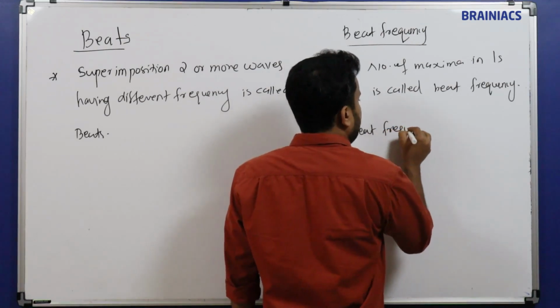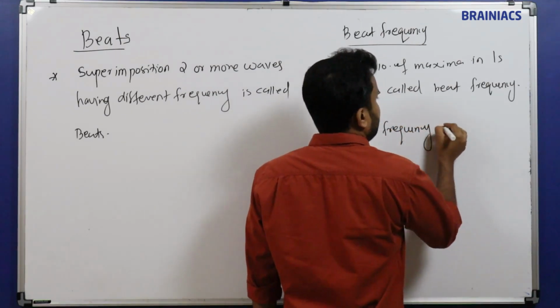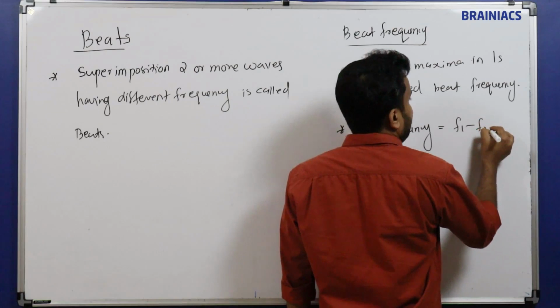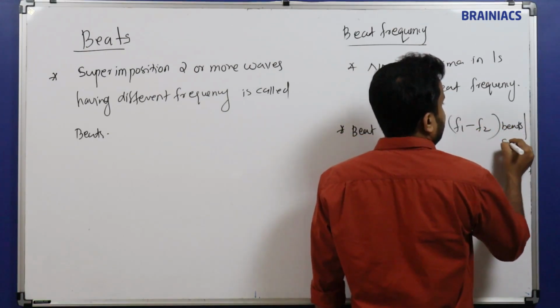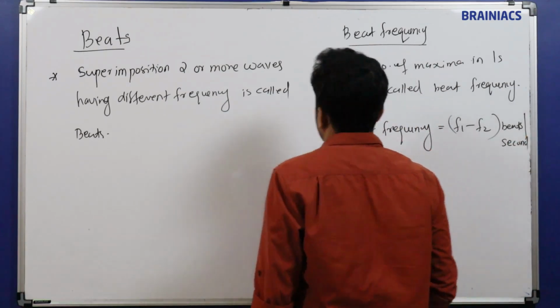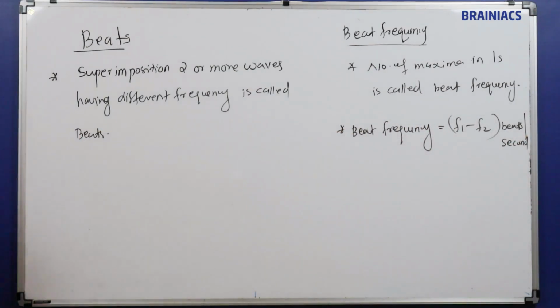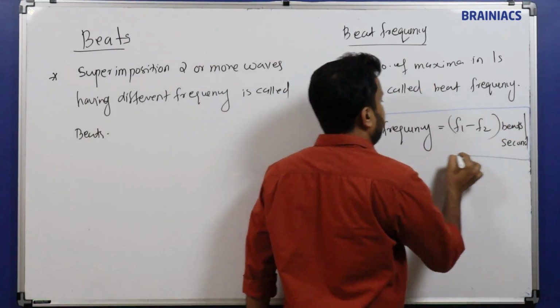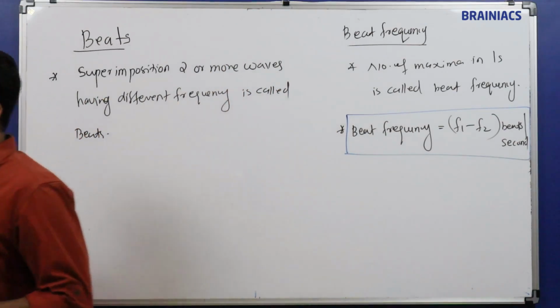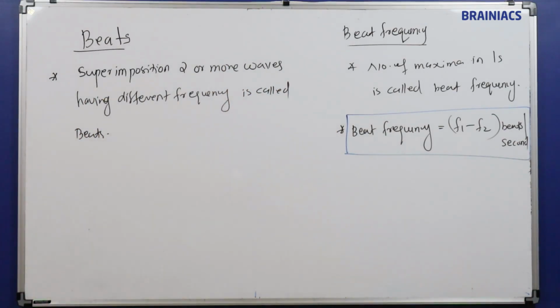Beat frequency is equal to f1 minus f2, so many beats per second. Per second means in 1 second only we are calculating. So f1 minus f2 beats per second. This is important. Now you understood what beat frequency means physically. Now it is clear, what is called beat and beat frequency.